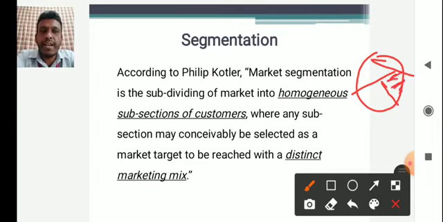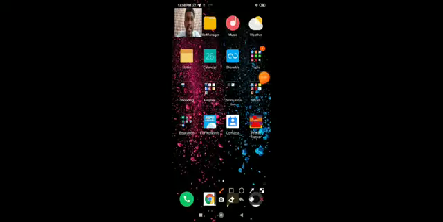This is known as segmentation. You are dividing the market into smaller parts based upon some common characteristic. Maybe all the customers in this segment show a common feature which is quite distinct.